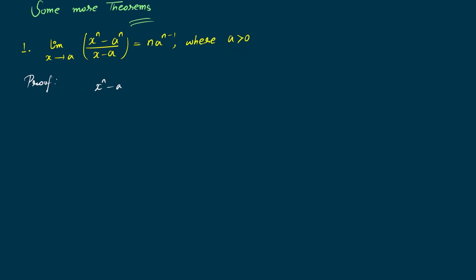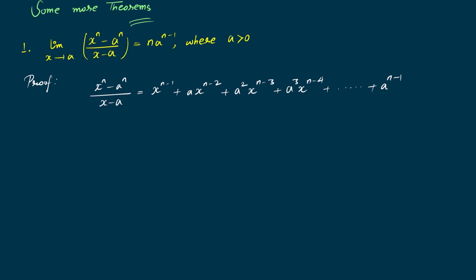Okay, so using the binomial theorem, if we try to solve this expression or this function, then it will be x to the power n minus 1 plus a into x to the power n minus 2 plus a square x to the power n minus 3 plus a cube x to the power n minus 4, and it will continue up to a to the power n minus 1, where the power of x will be 0.